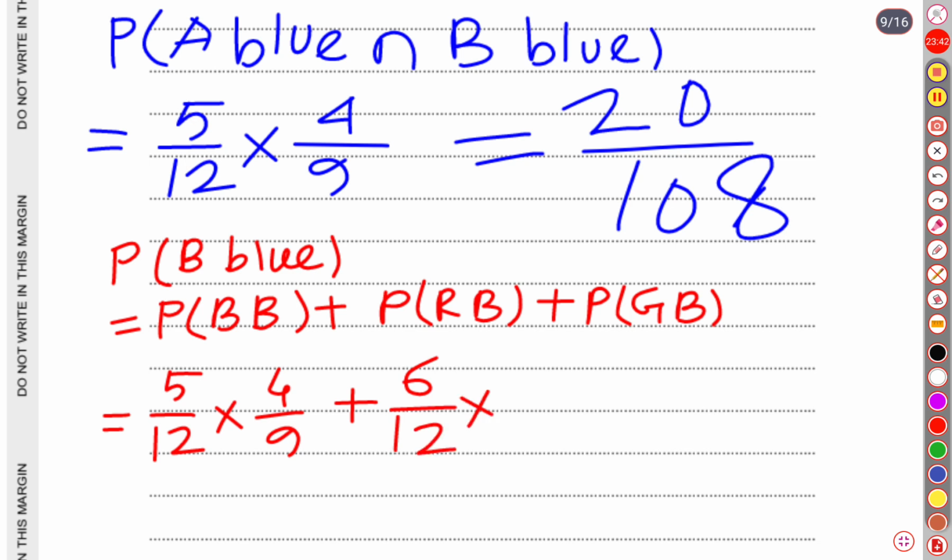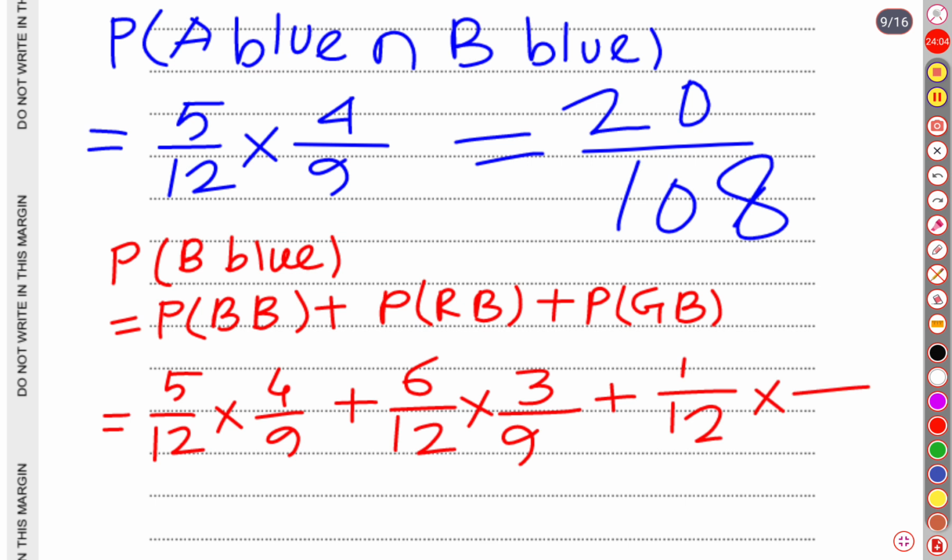Now if the second one is blue, second time there were 3 blue marbles. Okay, as one marble has been given, the blue marbles will not increase because the first one was red, but the total number will increase. Total number was 8, now it is 9. There was only one green marble, so 1 out of 12 from the first bag.